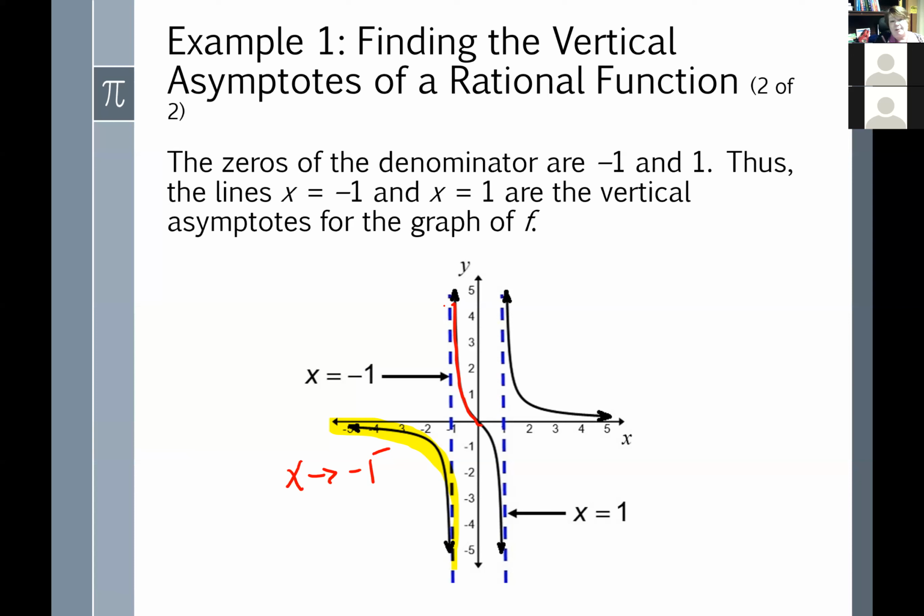As it approaches the asymptote at x equals +1, it decreases without bound. And then as it approaches x equals +1 from the positive direction, it increases without bound. So we have the behavior that we know we should have at those two vertical asymptotes. The graph of our function either increases or decreases without bound at each of those asymptotes.